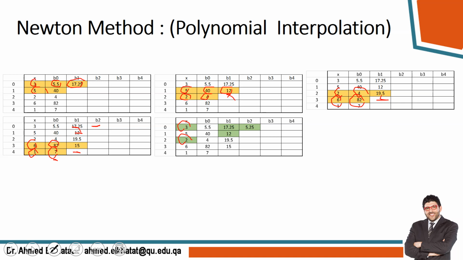Because notice that this 12 is for 2 and 5, so the maximum value here is 2. And for 17.25, the lowest value here is 3, so it should be between 2 and 3.